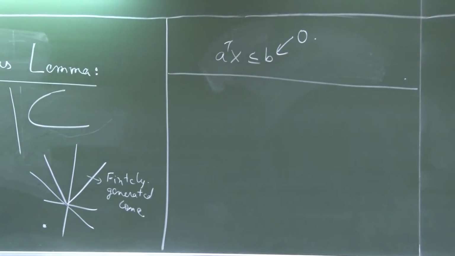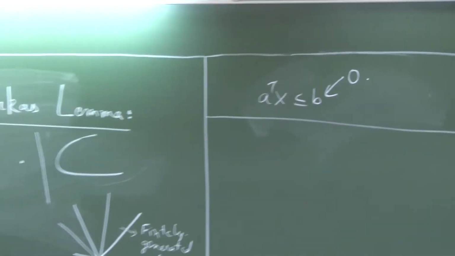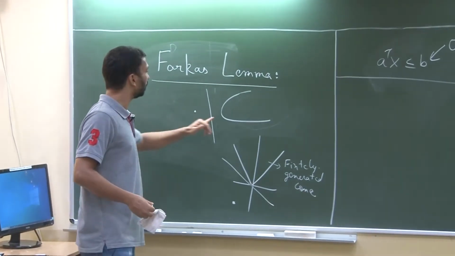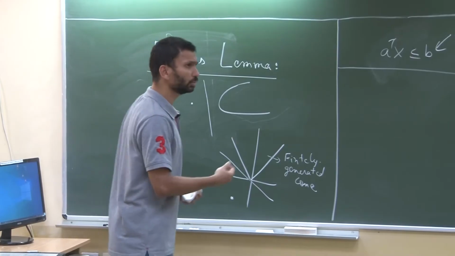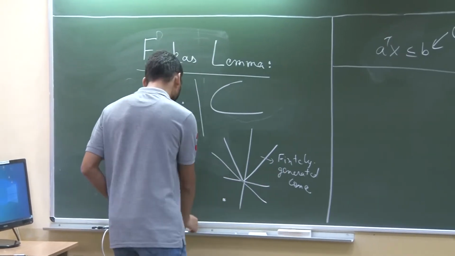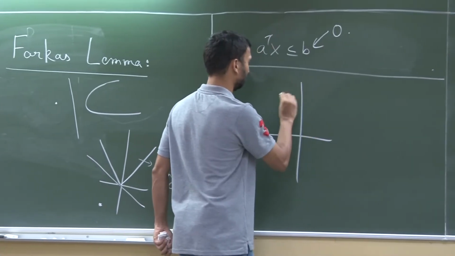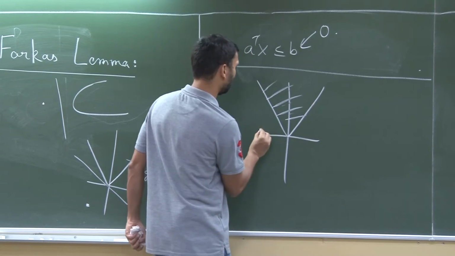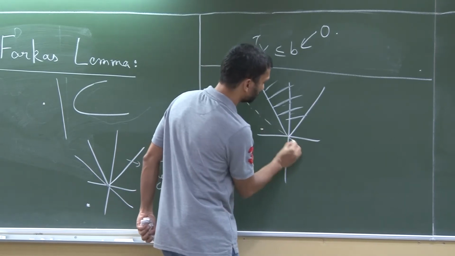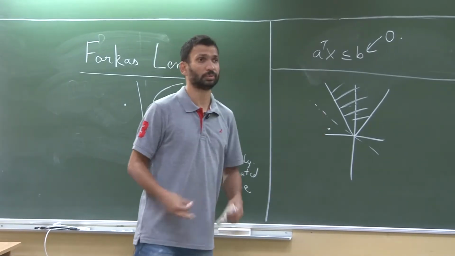I will do a different proof of Farkas lemma, but actually it can be obtained from this theorem. Can you give me an intuitive reason why, if you have a convex cone and a point outside, there should be a hyperplane passing through the origin which separates the two?